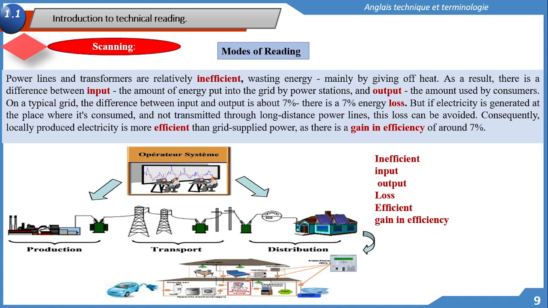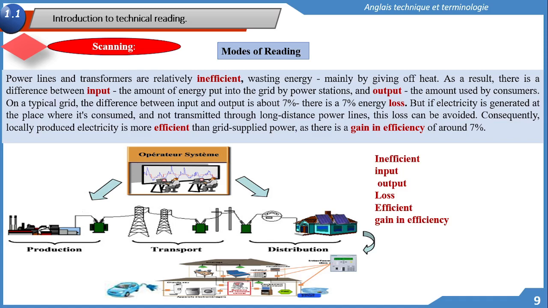But if electricity is generated at the place where it's consumed and not transmitted through long distance power lines, this loss can be avoided. Consequently, locally produced electricity is more efficient than grid supplied power, as there is a gain in efficiency of around 7%.